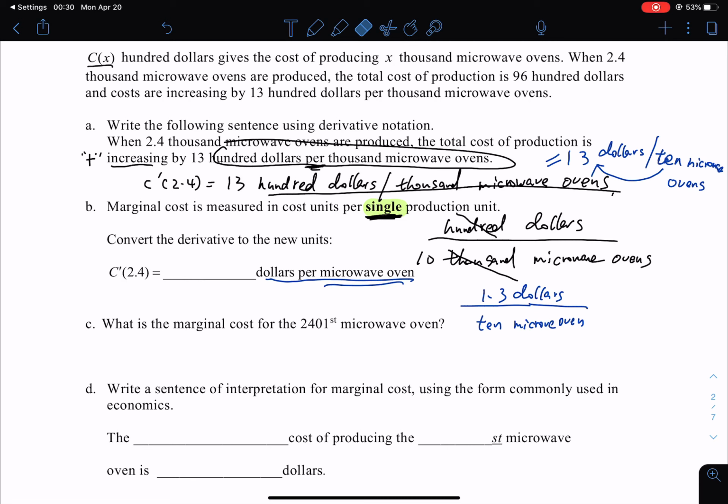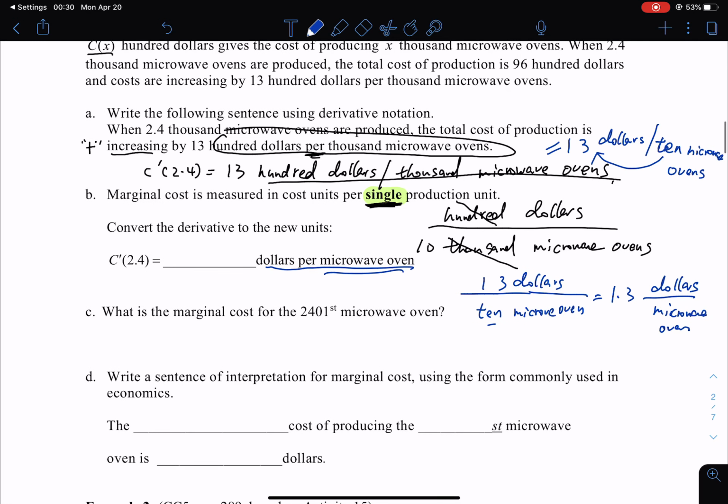This one should be 13, so it is 13. But here, since we have the 10, we can just use 13 divided by 10. Then this one is the same as 1.3, and the unit is dollars per microwave oven. So you can see now the unit is the same as the new one. Then we just use 1.3.